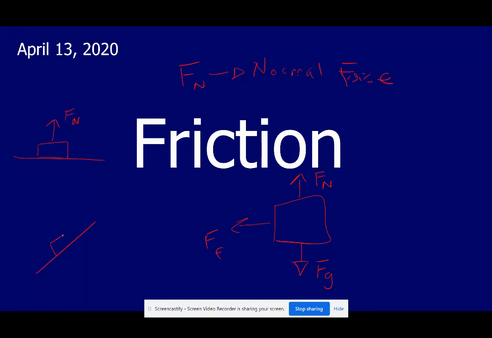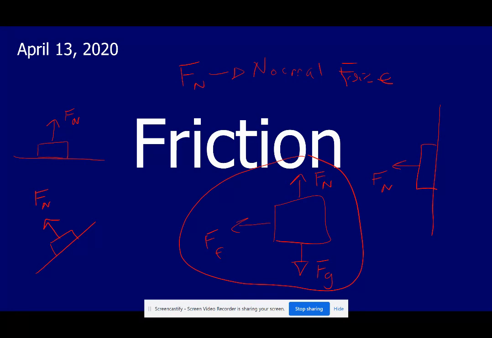If you're on a ramp, then the normal force will be perpendicular to that ramp. Again, the word normal implies perpendicular. Even if you're pushing something up against a wall, the normal force will come out and be perpendicular to that wall. The most common situation is this one here where it opposes gravity.